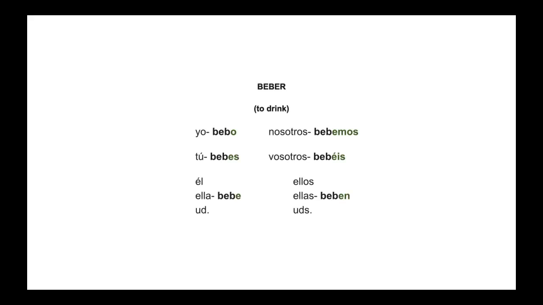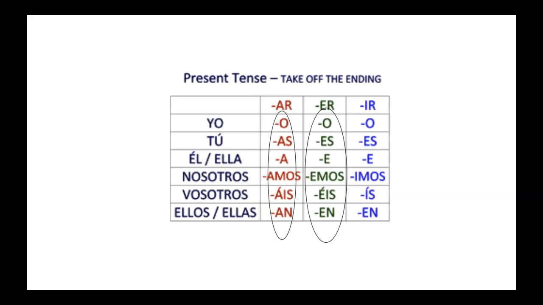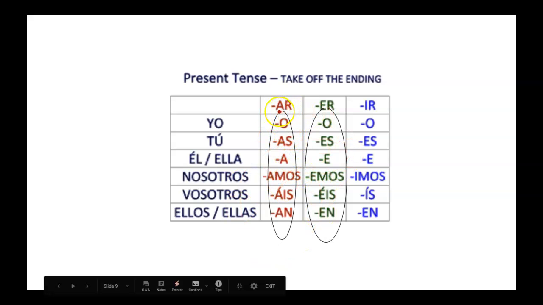So the formula is that we take off the ending of the infinitive, and then, depending on the subject pronoun, we add one of these endings, depending if it's an AR or an ER verb.